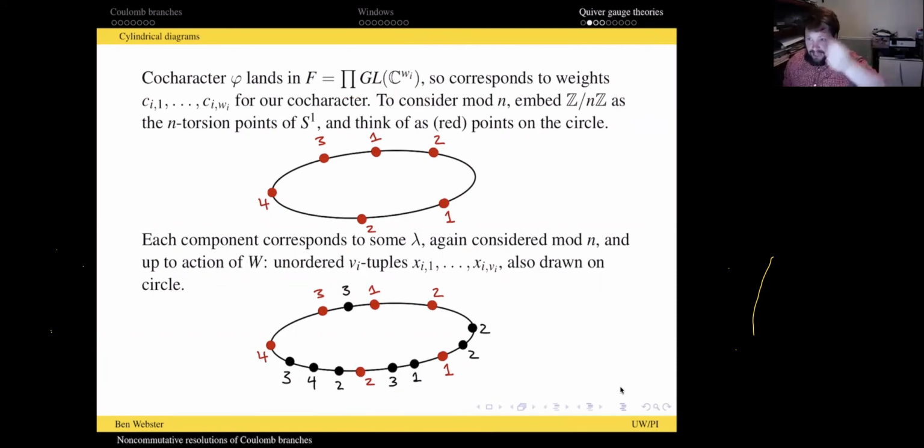I have to decide what weights I want my basis vectors to have. And so I end up with an n-tuple for each GLN. So I have an unordered tuple of weights. And as we were discussing earlier, I think of those as points on a circle where I embed Z mod n as the n torsion points on the circle.